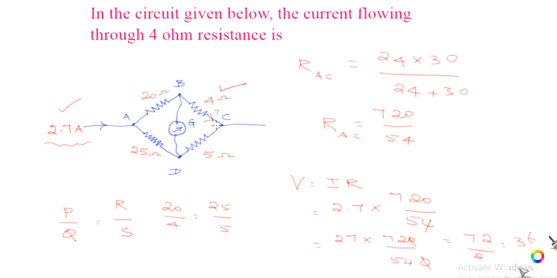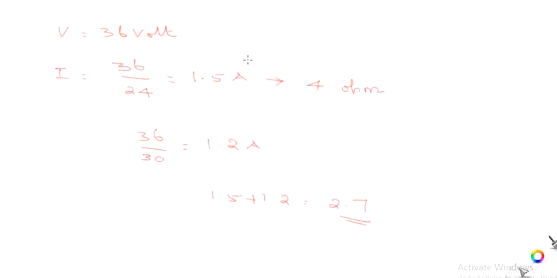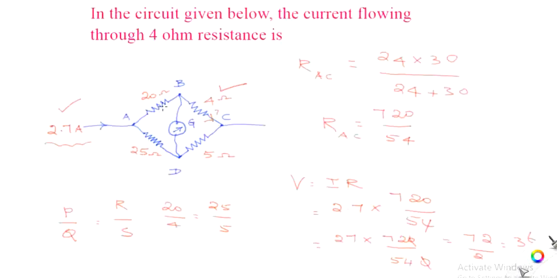Current through this resistance is 1.5 ampere, through this also 1.5, and through this also 1.5, and current through this is 1.2, here it is 1.2, and total is 2.7.